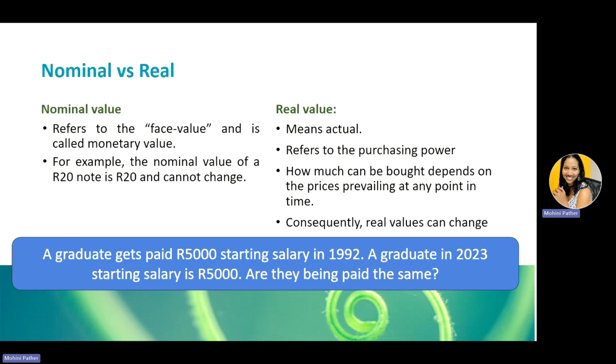Despite the fact that the nominal value is the same, 5,000 Rand in 1992 was enough to buy a house, a car, put 3 kids through university, and pay for the dog and the cat. Okay. But in 2026, 5,000 Rand is fighting poverty.